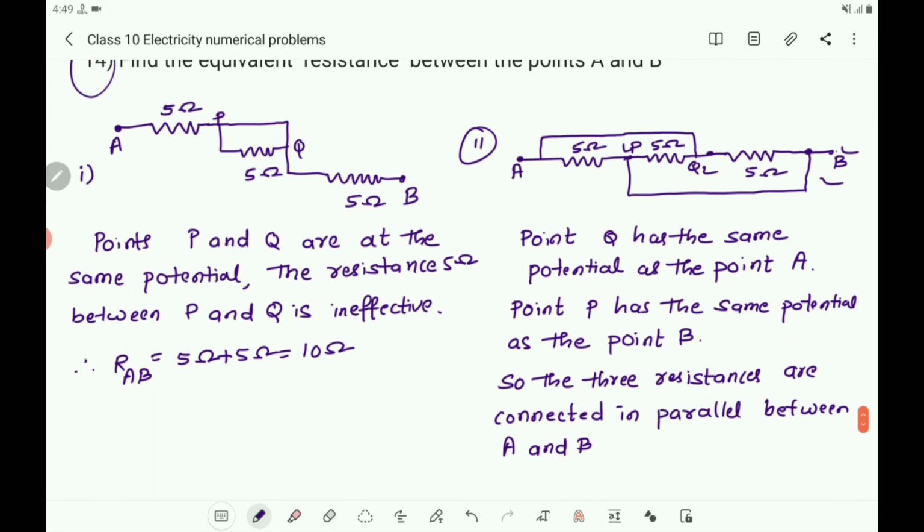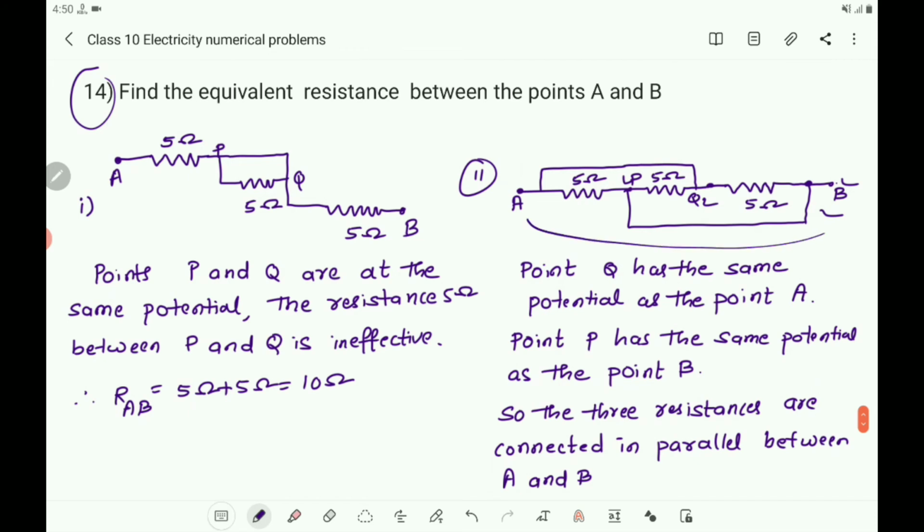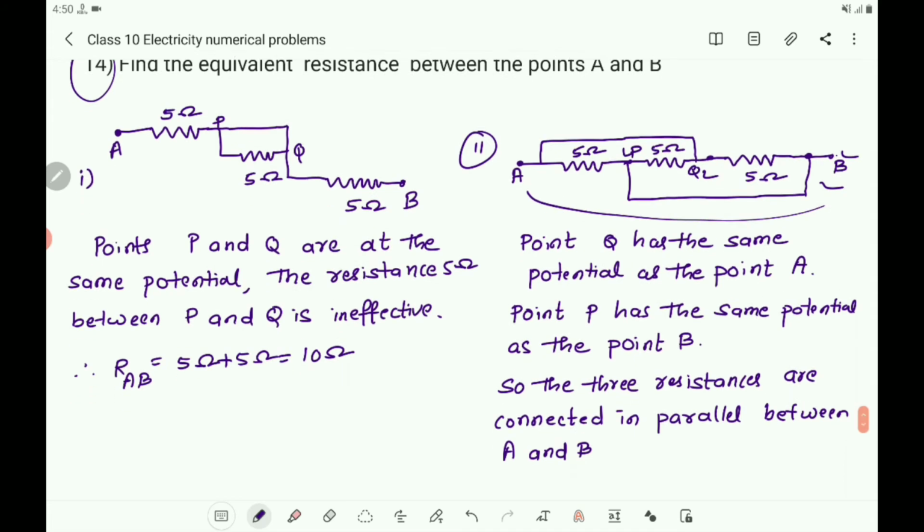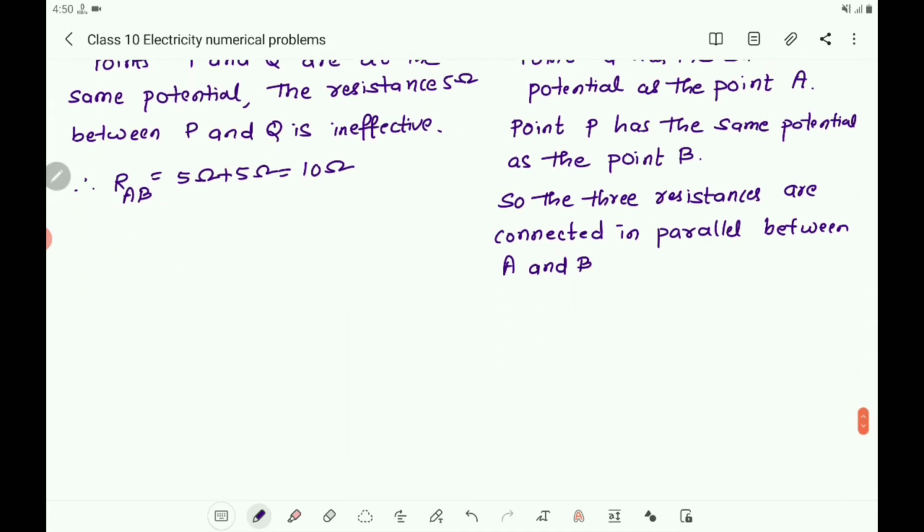So here RAB, that is the equivalent resistance between A and B, take 1 by RAB equals 1 by 5 plus 1 by 5 plus 1 by 5. 5 is the LCM, 1 plus 1 plus 1, you will get 3 by 5.